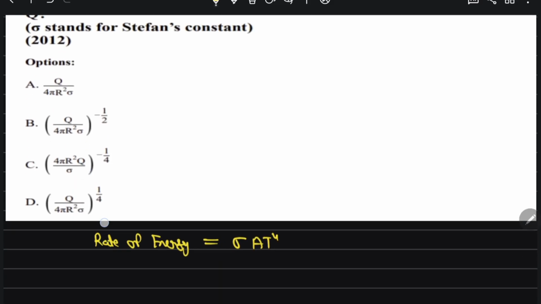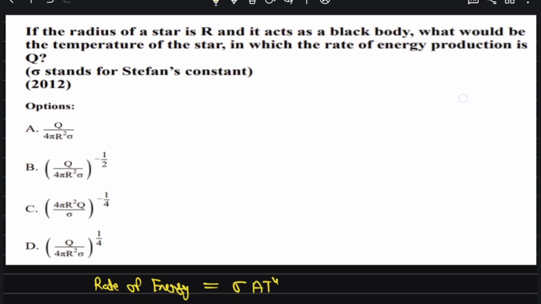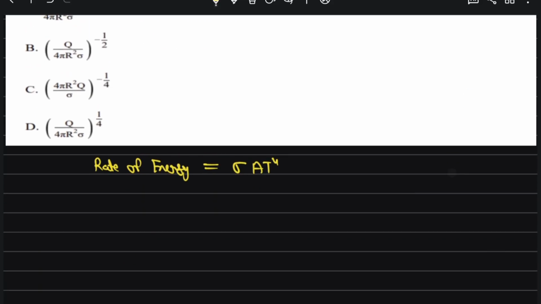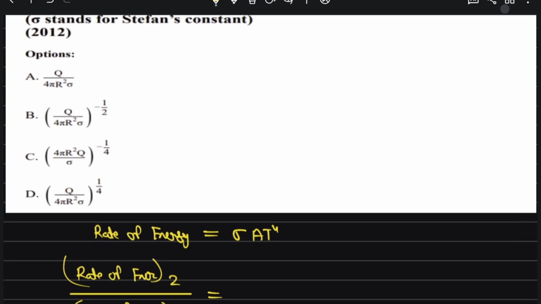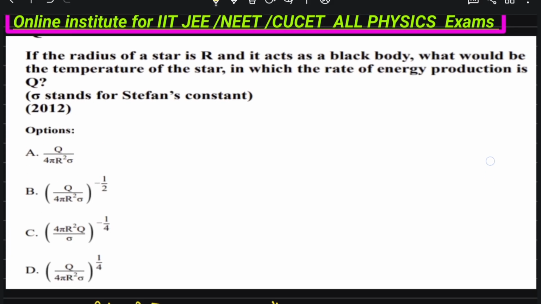What they're asking is: if the radius of the star is r and it acts as a black body, what would be the temperature of the star at which the rate of energy production is... Wait, I think I read the question the wrong way.